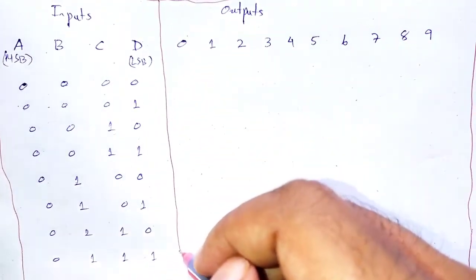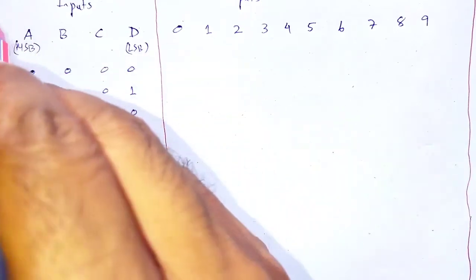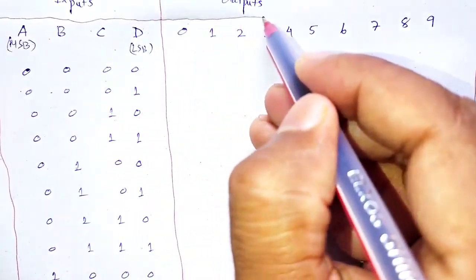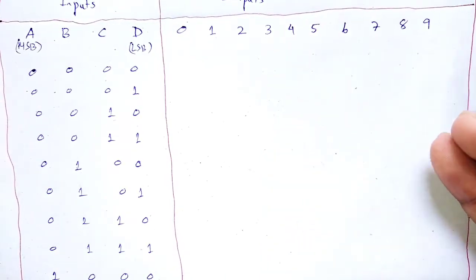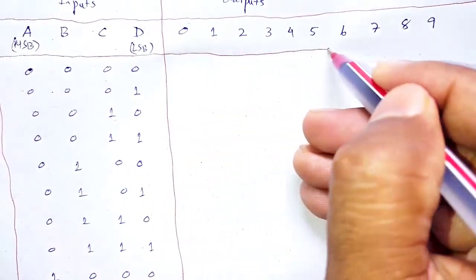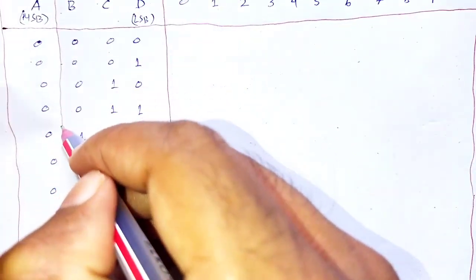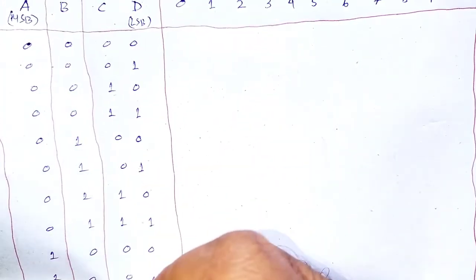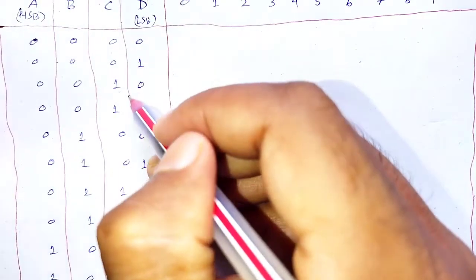4 inputs, 10 outputs. The 4 inputs represent the BCD code. A stands for the most significant bit, and D stands for the least significant bit.